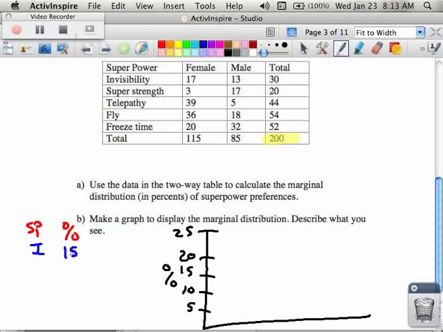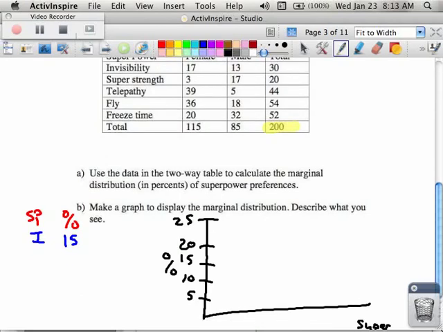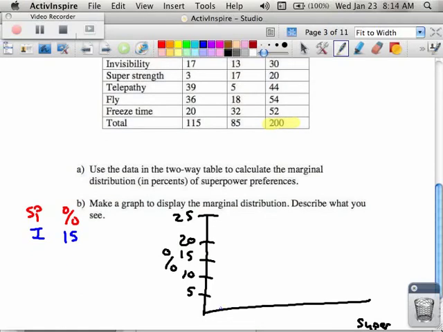Seems easy. So 15 out of 200 is invisibility. Now let's use I to label that. So for my second superpower, we have super strength. And super strength is 20 out of 200, and that's 10%.